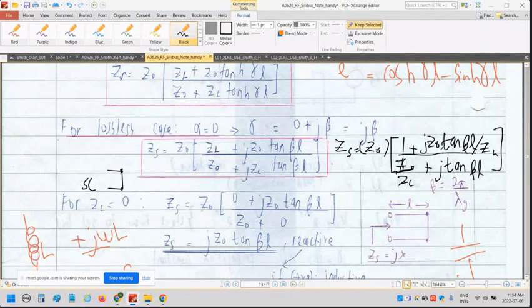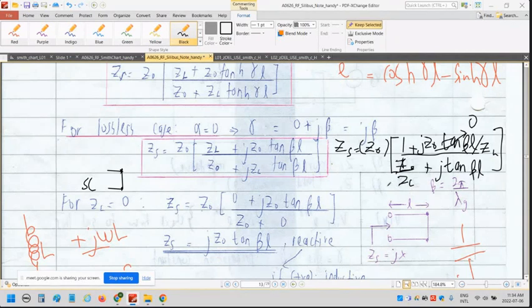Then for this case, whatever value you divide by infinity, what do you get? Whatever value you divide by infinity goes to 0.